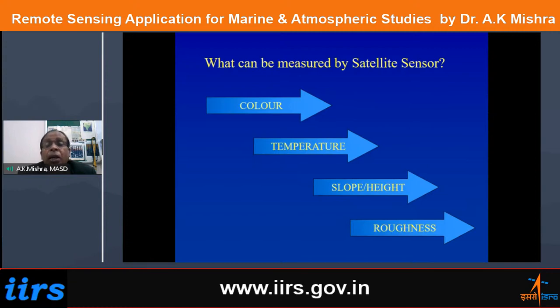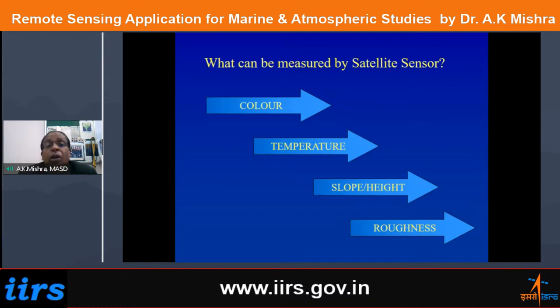And apart from that, when you go to get the information about slope and height, you will get the information about the geostrophic current and the sea surface height anomaly information and the roughness of the ocean, because if wind is there, sea will get roughened, and so the roughness information can give you how much wind is present over the ocean.